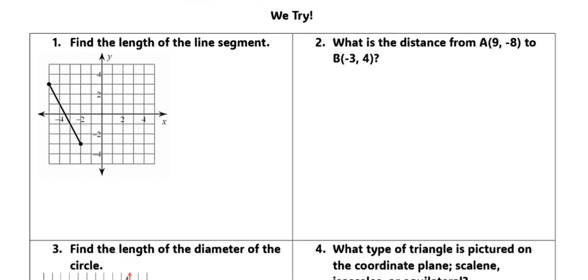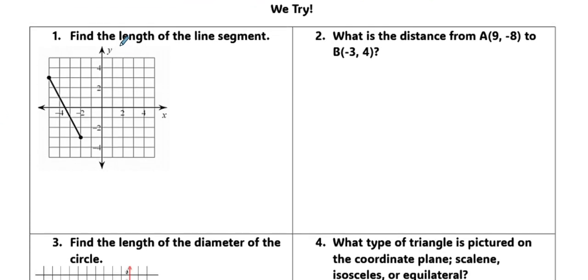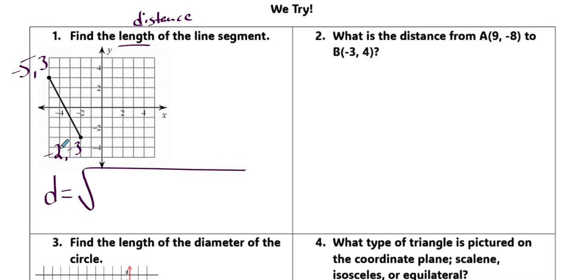Alright, so we're going to find the length of this line segment, which is basically saying find the distance from one point to the next. So I'm going to label my 2 points. This one looks like that's at -5, +3. This is at -2, -3. So I'm going to substitute into that equation. I'm just going to call this my x2 and y2.